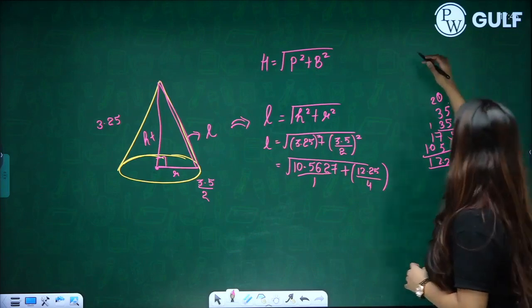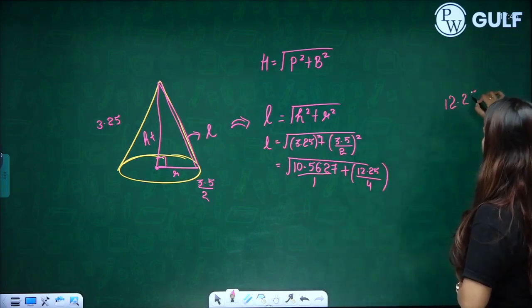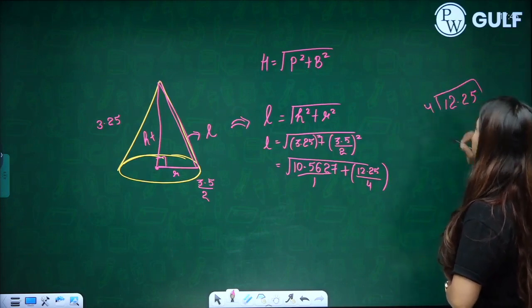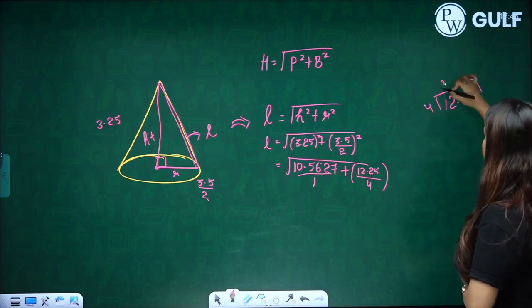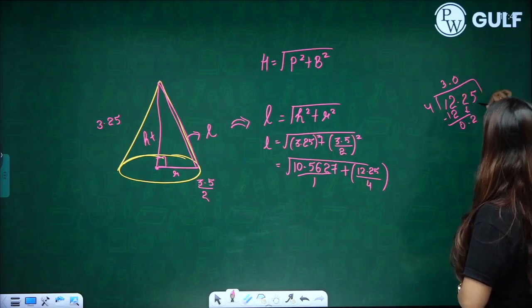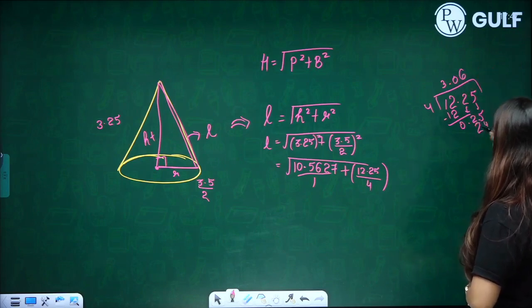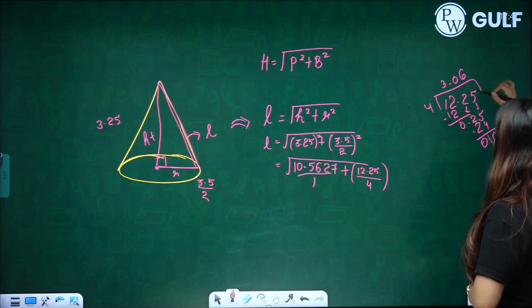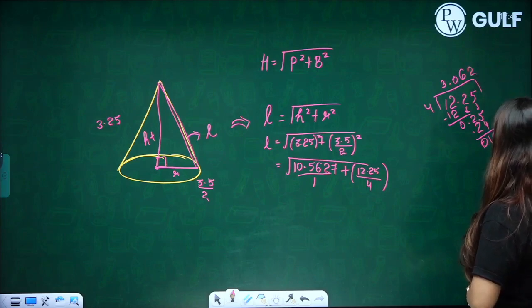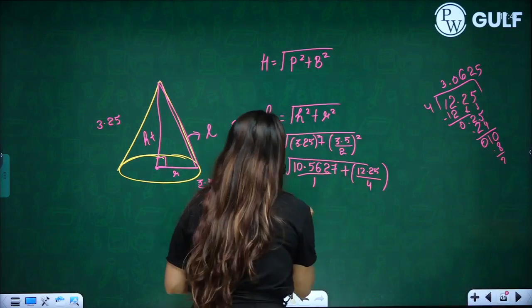You can completely divide 12.25 by 4. 4 3s are 12, then we have 0.2, then 5, and we will have 6, 24, 2s are 8, and then we have 5. So 3.0625.